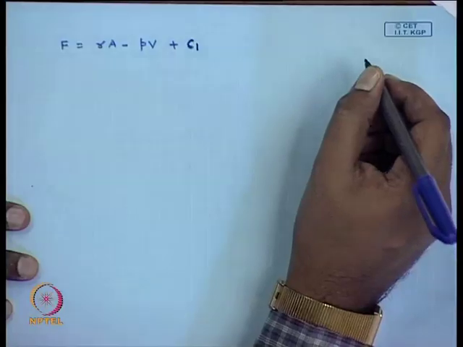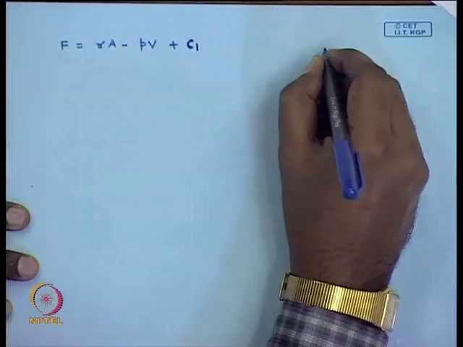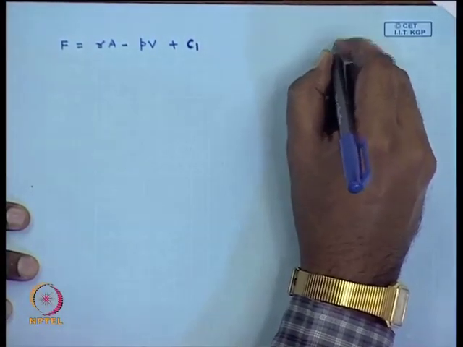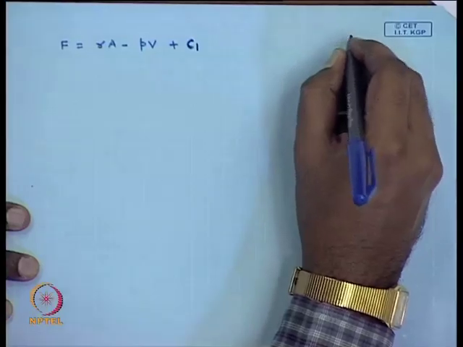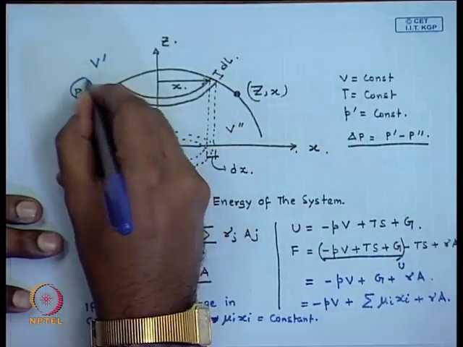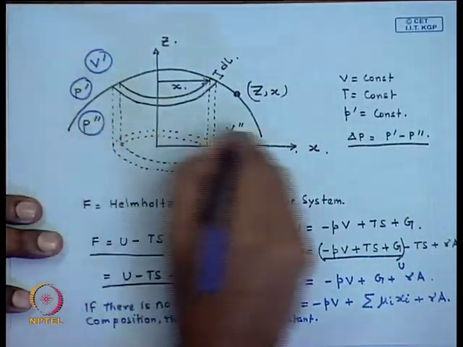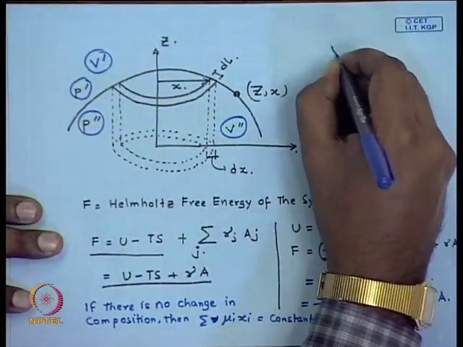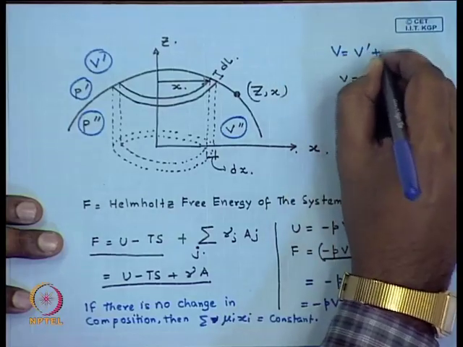Now, what exactly is PV here? You have the pressure for the two phases as P dash and P double dash, and the respective volumes are V dash and V double dash. So, this is the pressure of this phase volume, and we know that V is constant. So, V is essentially V dash plus V double dash.